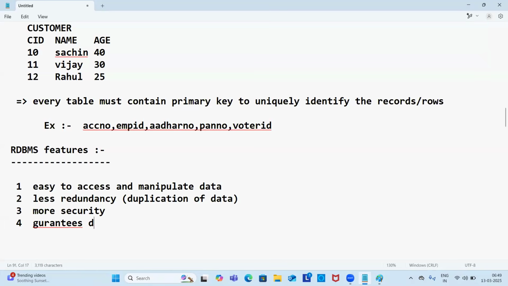RDBMS guarantees data quality. RDBMS supports data sharing. RDBMS supports transactions.